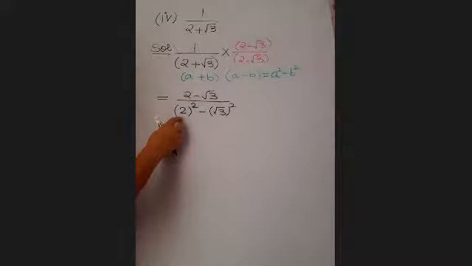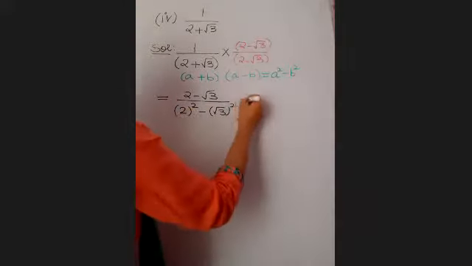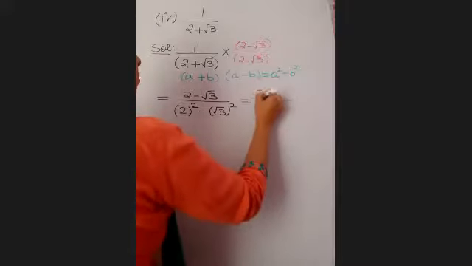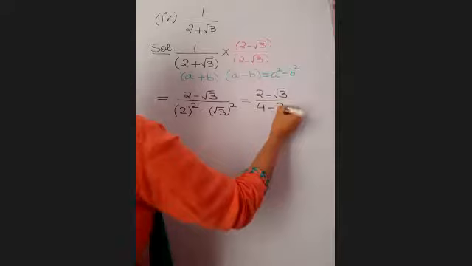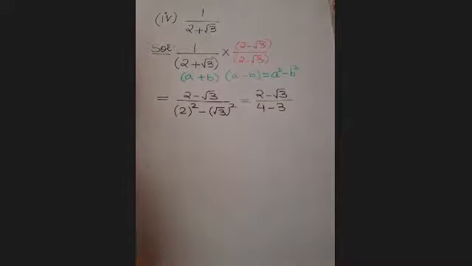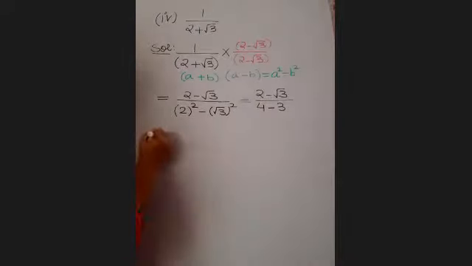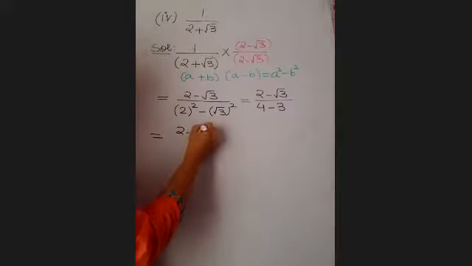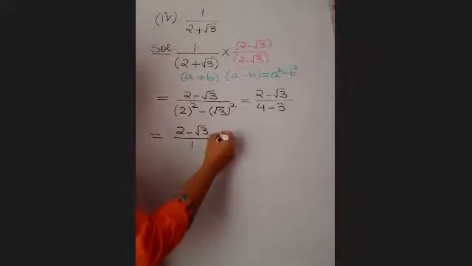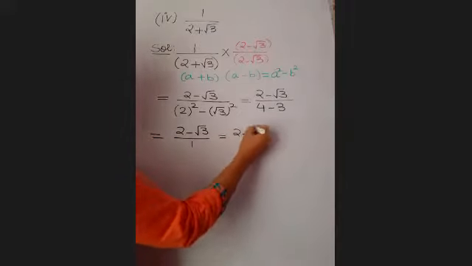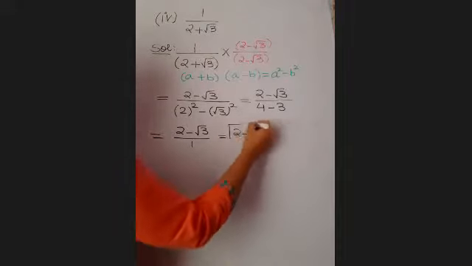And what is the square of 2? 4. So this is 2 minus root 3 upon 4 minus 3. And what is 4 minus 3? One. Ma'am, the answer will be 2 minus root 3. Yes, the answer will be 2 minus root 3.